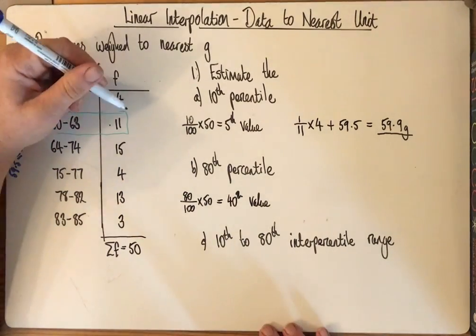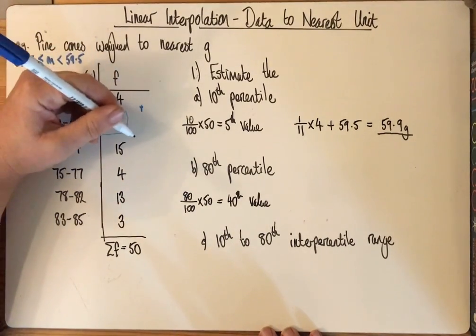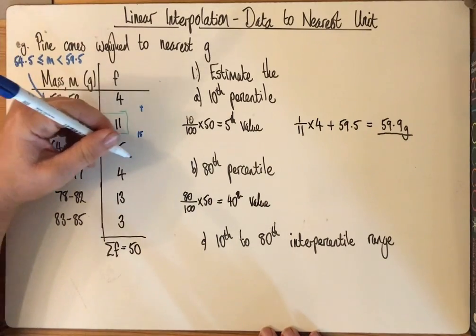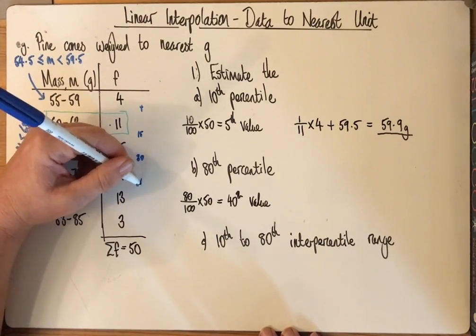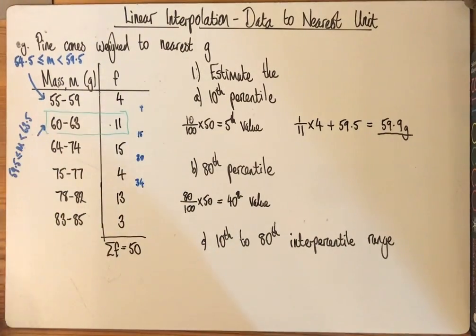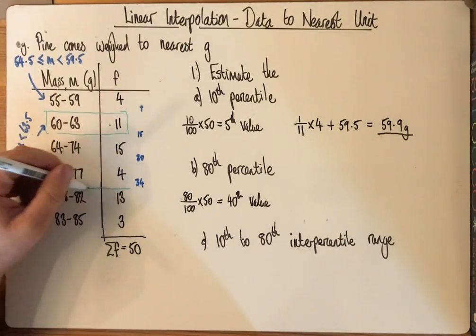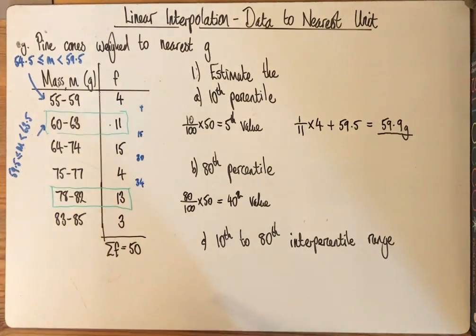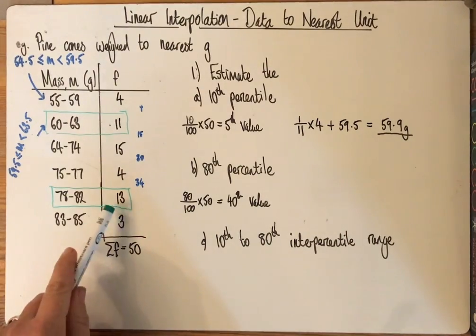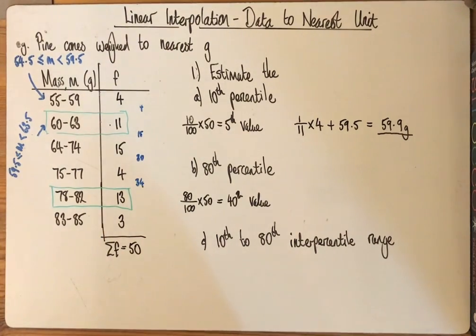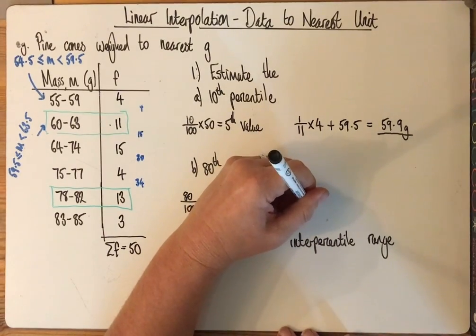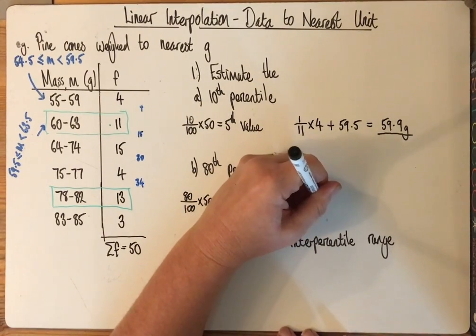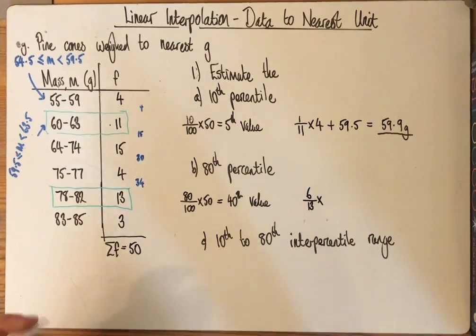So I've got 4 values here, plus 11 is 15, plus 15 is 30, plus 4 is 34. So I need to go 6 into here. And there's 13 values in here. So it is 6 over 13. So it's that fraction of the class width.